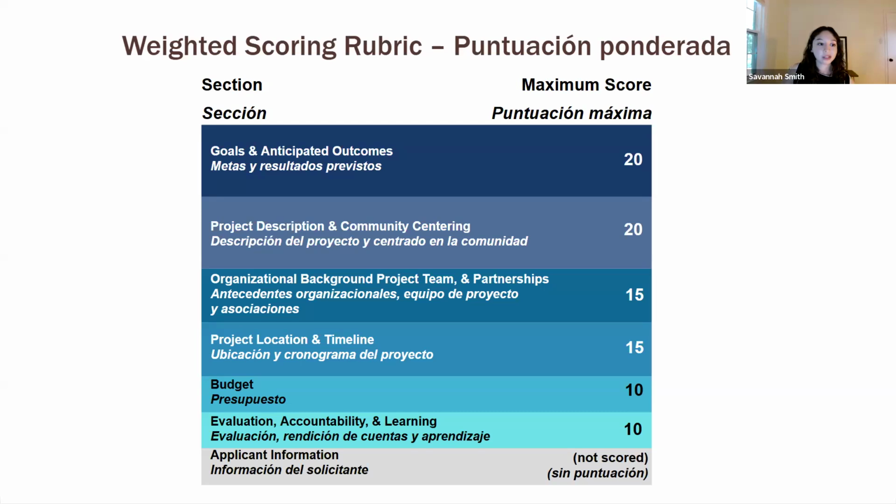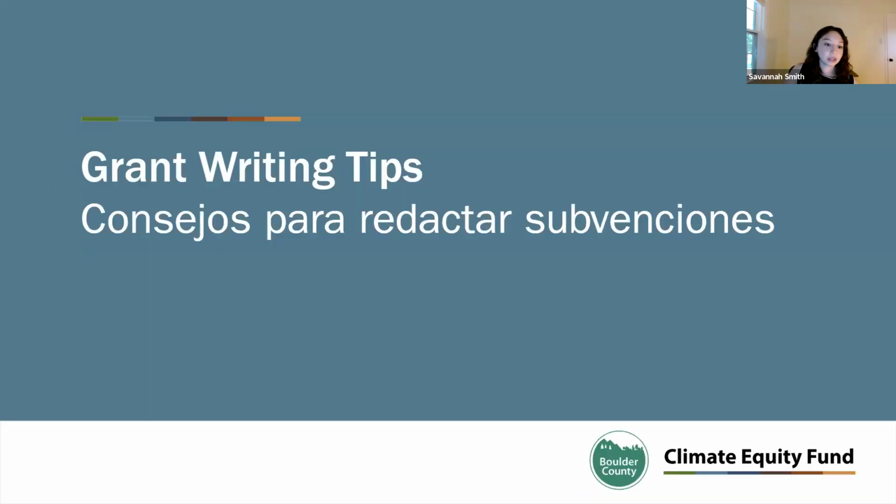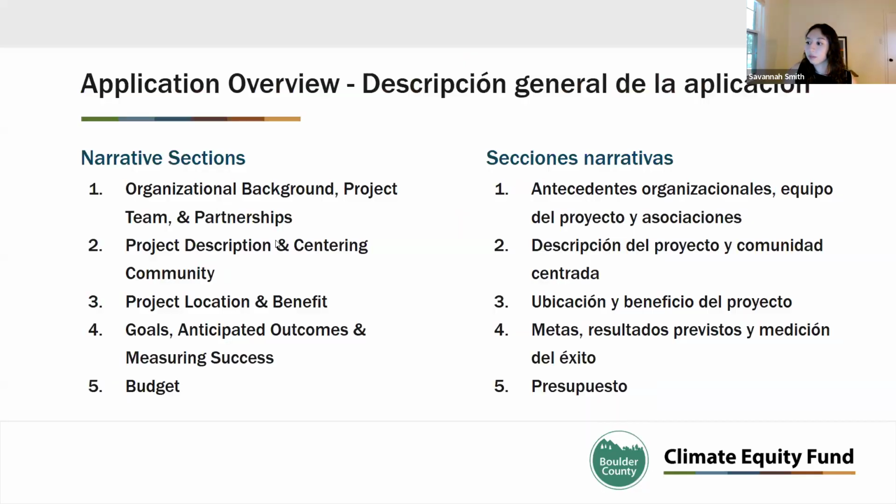So that was all covered in the kickoff webinar, and now for the grant writing portion of the event today. I'm just going to switch over. Okay, in the application, there are 5 sections which require a narrative response.